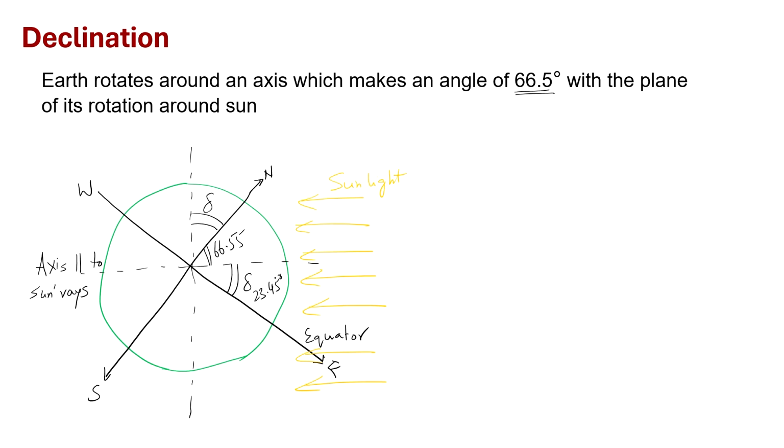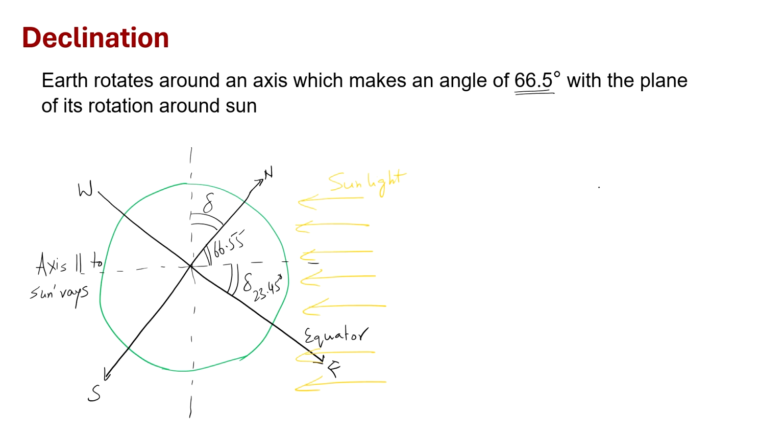Now, because the axis of Earth's rotation is tilted with respect to the ecliptic plane, when it rotates around the sun there is an effect of seasons.